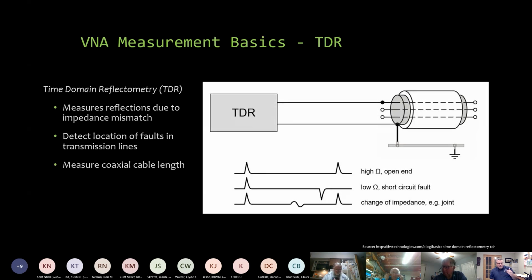And we can detect connections, joints, places that we've put two pieces of cable together. We can tell if the cable is open or shorted on the other end. And because there's a velocity of propagation in that cable, if we know the characteristics of that velocity of propagation, then we can in turn characterize a length, which becomes very helpful. We'll demonstrate that here in just a few minutes as well.